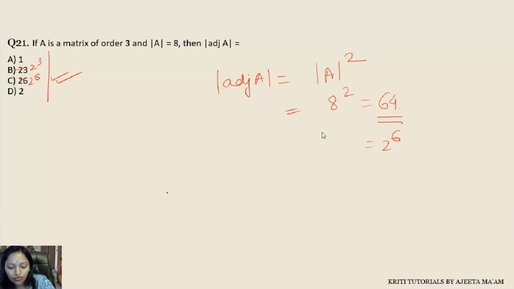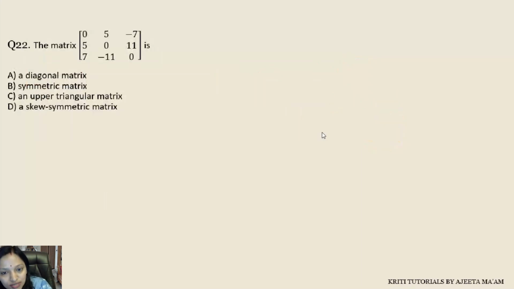Correct? Now tell me which type of matrix this is. See, all diagonal elements are 0. Which matrix has this condition? Skew symmetric. Okay. Now let's check the other things also. What do you get? 5, 5, 11, minus 11, 7, minus 7.